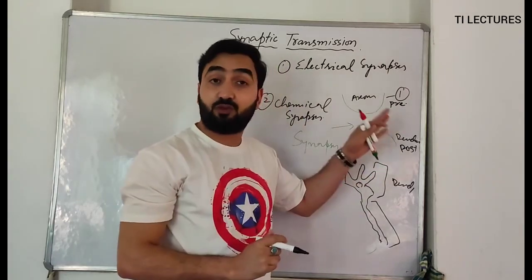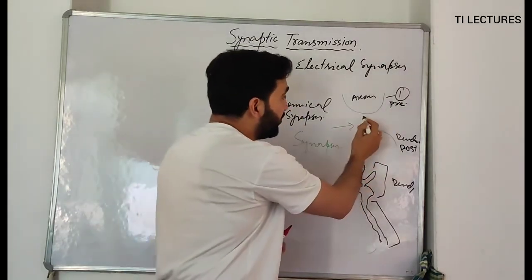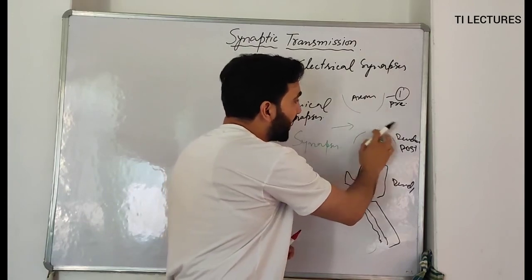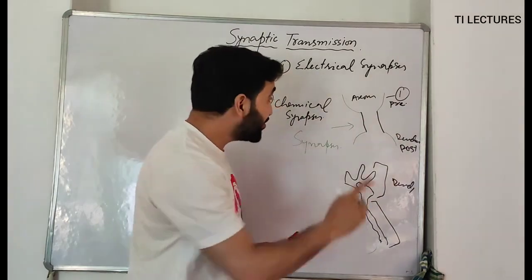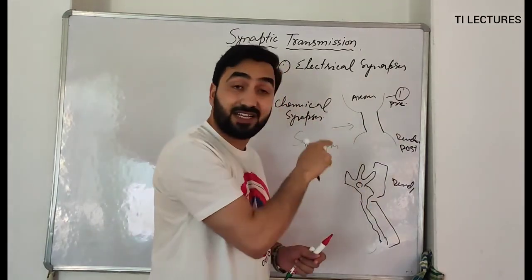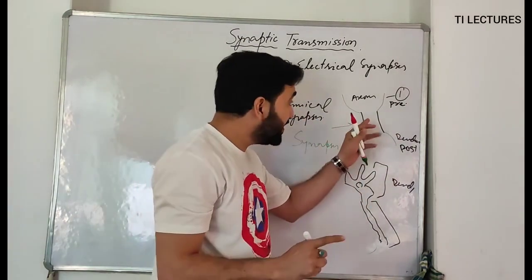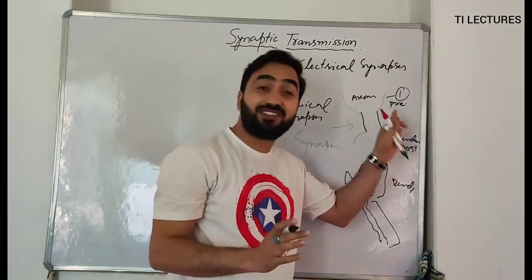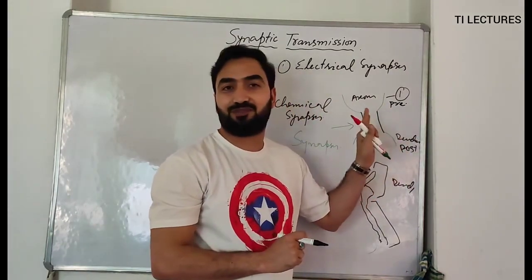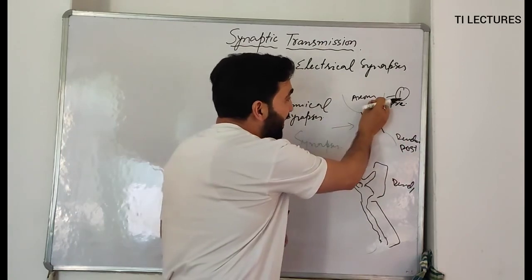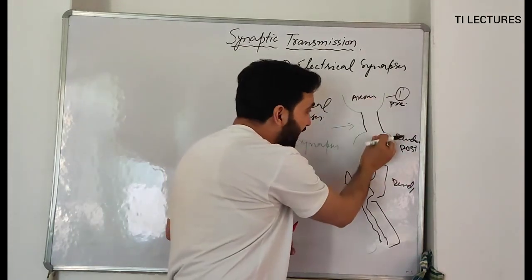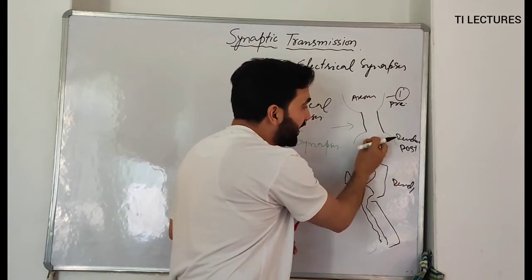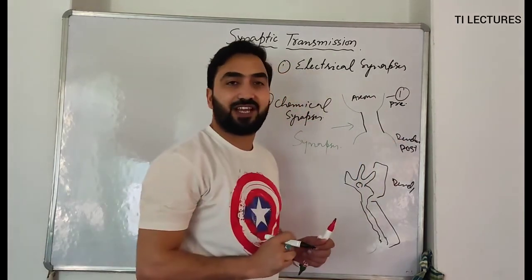This is the important point to mention here. Gap junction does not mean that there is a gap. Gap junction means there is no gap between the presynaptic cell and the postsynaptic cell. That means the cytoplasm of the presynaptic cell is directly connected and communicated with the cytoplasm of the postsynaptic cell, right?